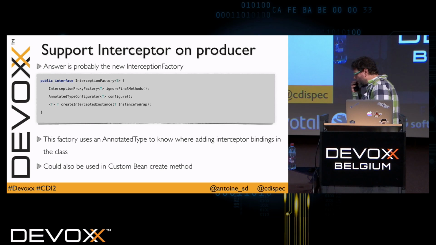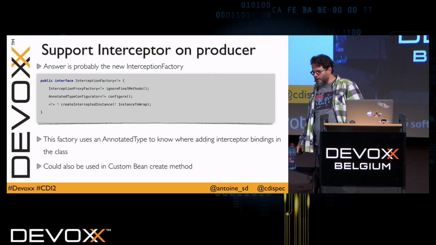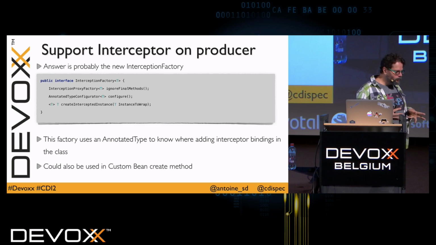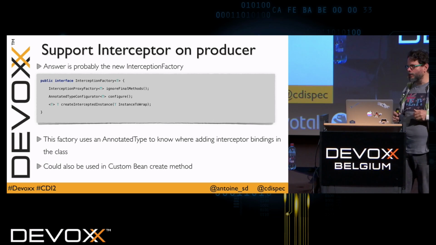So we don't have a way to say, okay, the produced instance will be transactional. So we tried to figure out a solution to provide this feature in a more abstract approach, to be usable in other use cases.